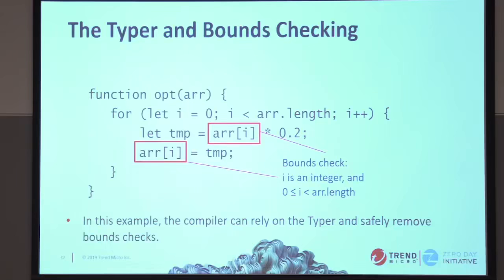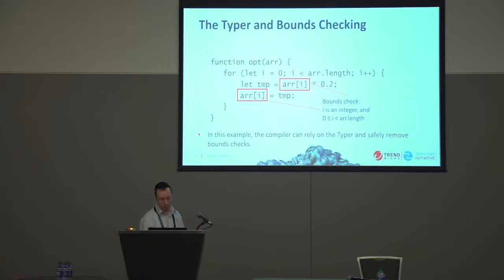The code shown here provides an example of why it is useful for the typer to be able to track the range of integers. This is a loop that iterates over an array, and in a naive implementation, before each array access, it would have to perform a bounds check.